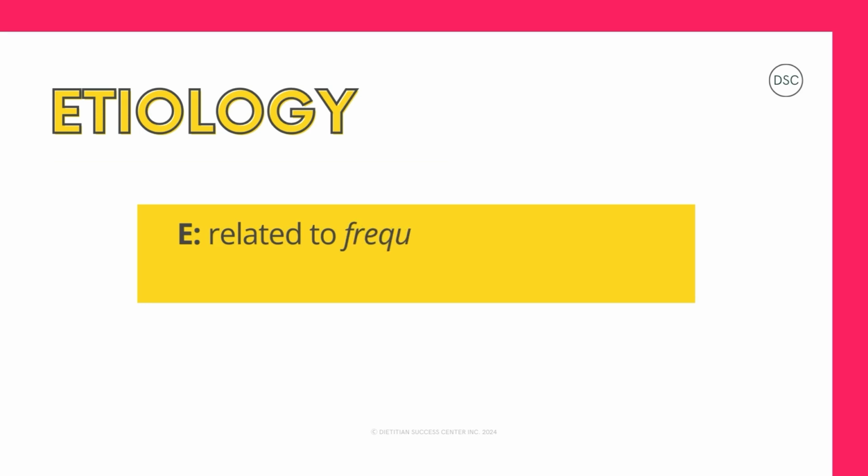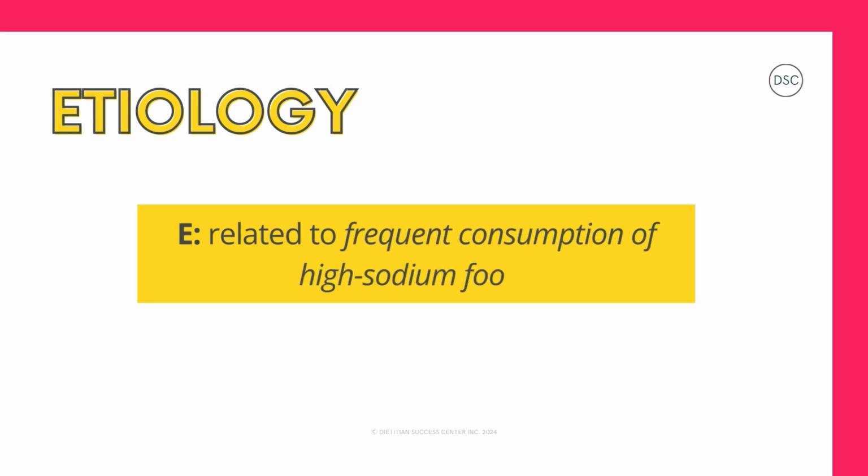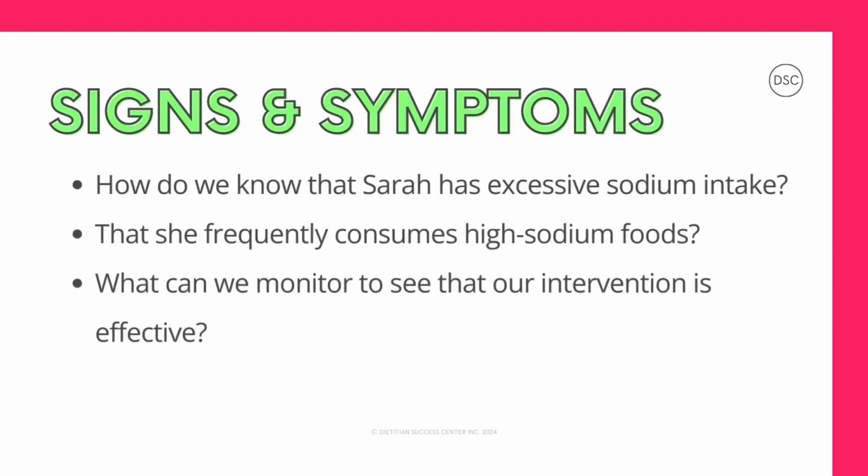Alternatively, if we look at our assessment, the main thing we noticed from Sarah's diet history is that her diet is mostly focused on heavily processed meals and packaged salty snacks. So the cause of the problem would be frequent consumption of high sodium foods. Now, our signs and symptoms. How do we know that Sarah has excessive sodium intake? That she frequently consumes high sodium foods?